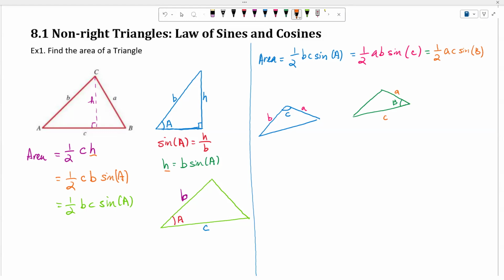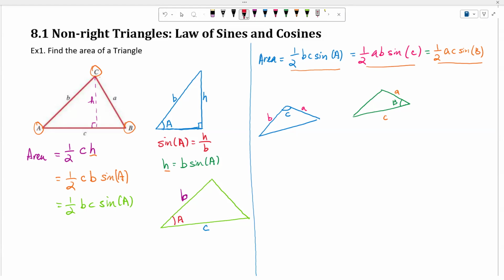Now, if I have the triangle A, B, C, then in this case, we have three ways to find the area of the triangle. And now think about this.